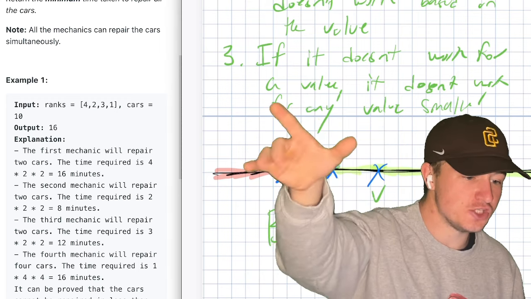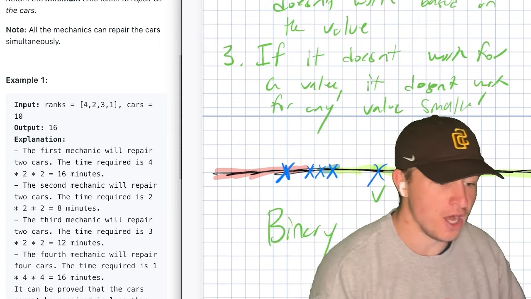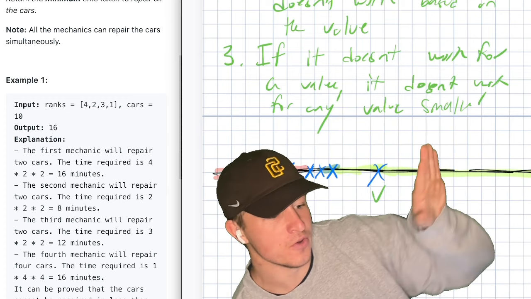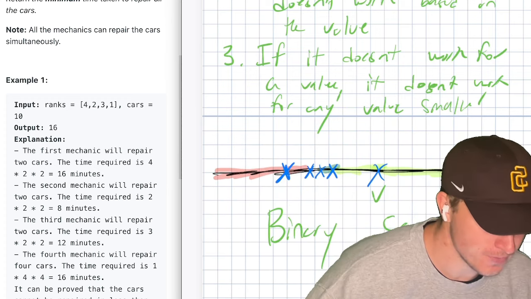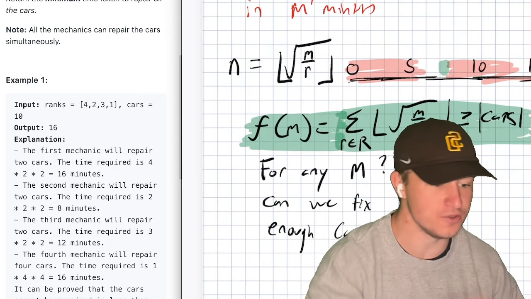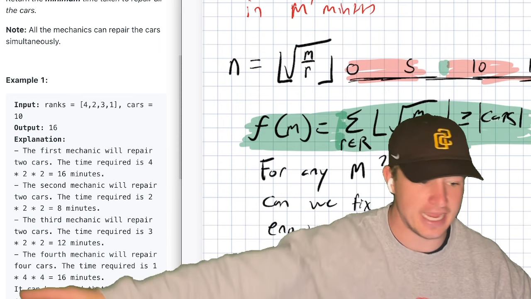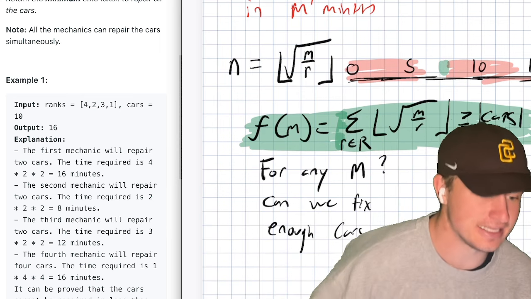And are you in a situation where if it doesn't work for a value, it doesn't work for any value smaller, and if it does work for a value, it does work for any value larger? So in this case, yes, I can. If you tell me 10 minutes and I tell you it doesn't work in 10 minutes, then I can't do it in 9 minutes, I can't do it in 8 minutes, I can't do it in any time less than or equal to 10.